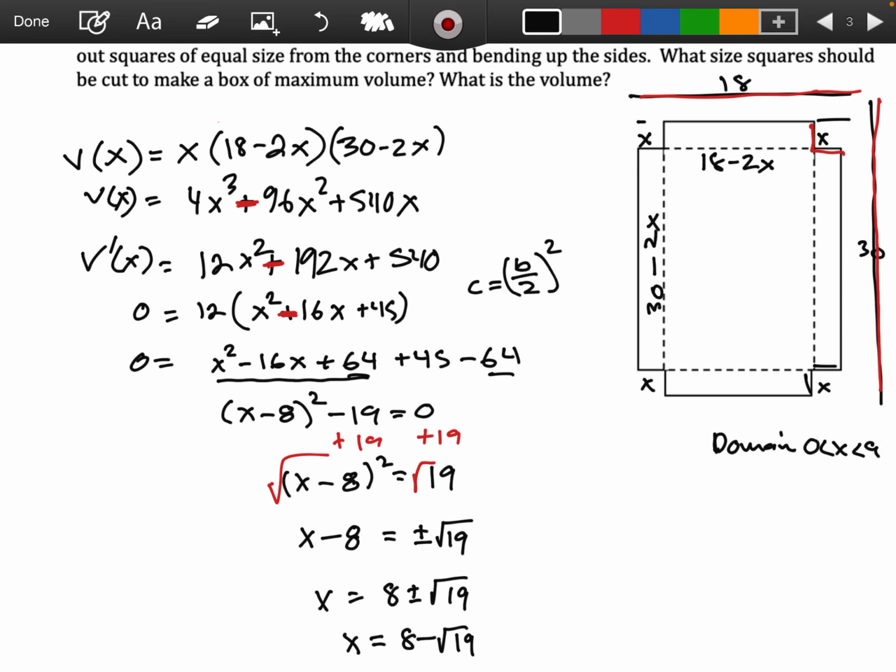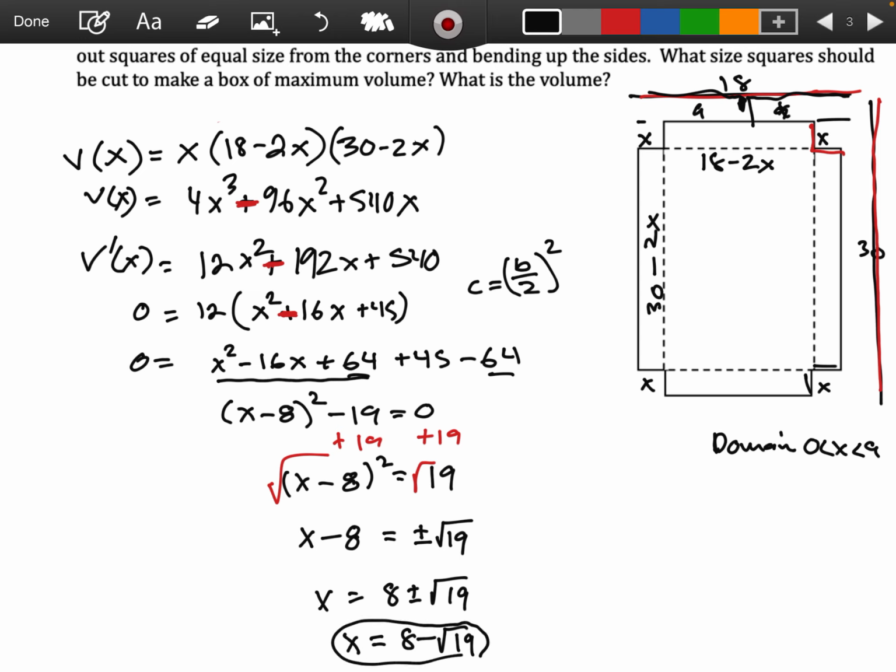Now think about it. I cannot have x's here that are 9 because this is 18, right? If one x is 9 and the other x is 9, we're not going to have a box anymore because it doesn't have any base. So this is the one that fits in there.